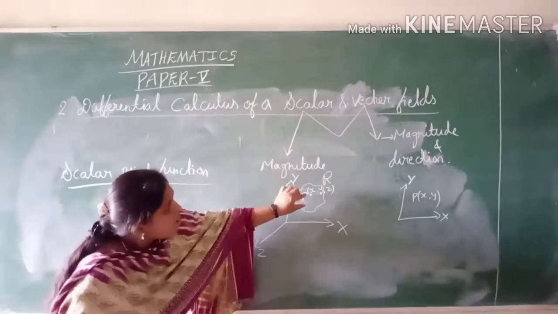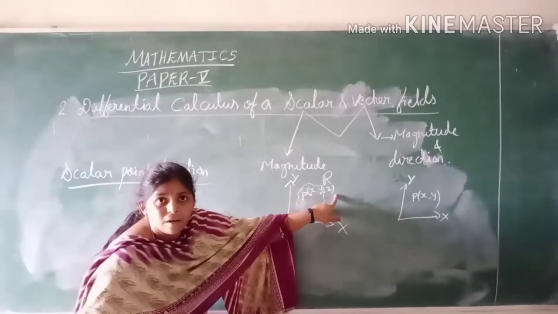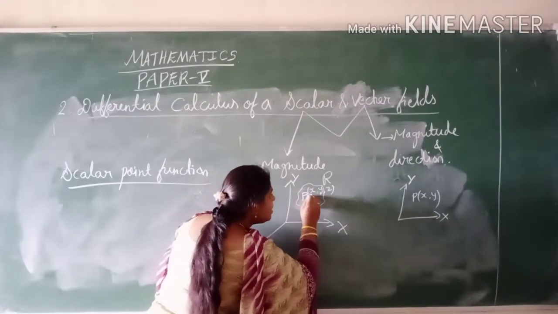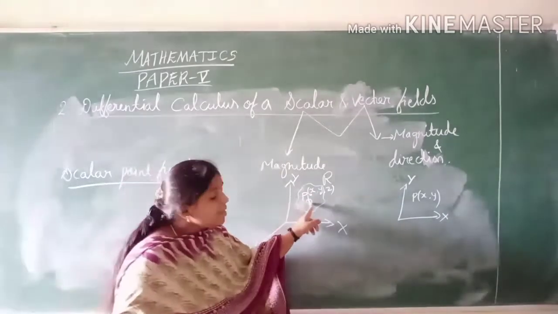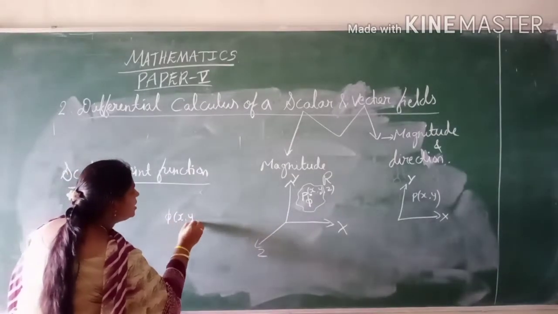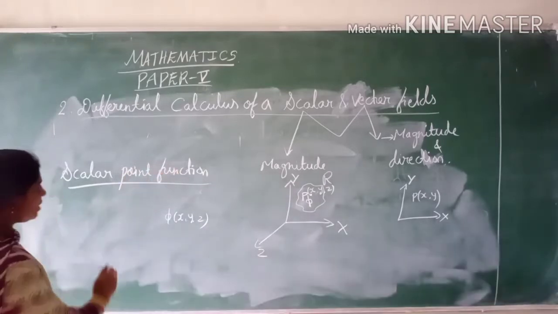Then for each point P of x, y, z which associates some real value function phi, then phi of x, y, z is called a scalar point function.